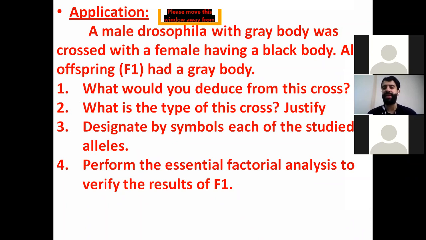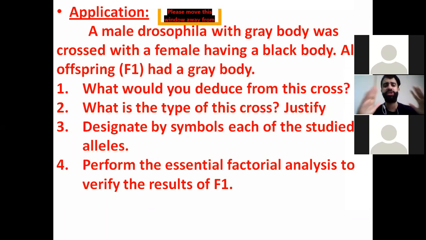Very good. So Mahdi, you have to start the way that Hadi said. Since all the F1 had gray body like one of the parents, so the gray allele, pay attention to the word allele, the gray allele is dominant over the black allele, which is recessive.